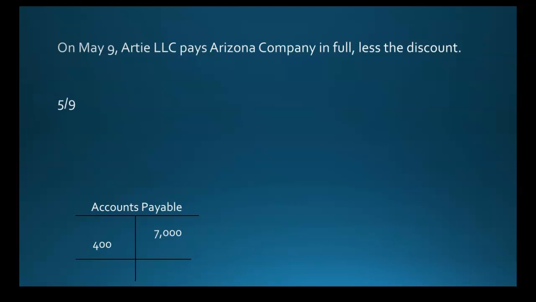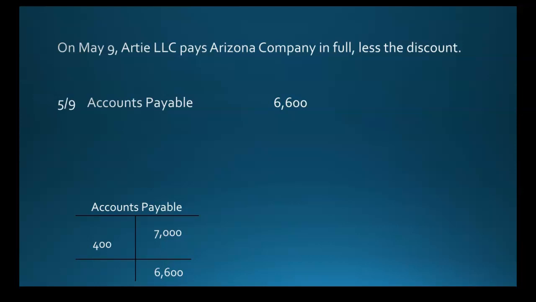So the current balance in accounts payable is $6,600. We want to get that balance off of our books, so in our journal entry, we will debit accounts payable for $6,600.